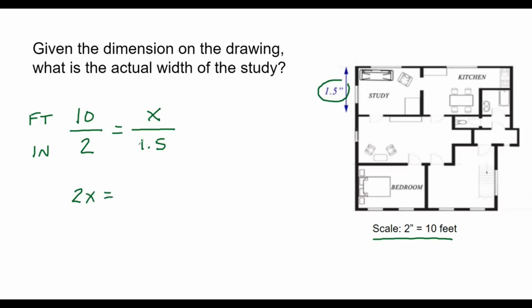You can use your calculator and multiply that if you like. That is equal to 15. Just as we did a moment ago, we're going to divide both sides by 2, because X is being multiplied by 2 and we want to cancel that out. X is going to be equal to 15 divided by 2, which is 7.5. Once again, that is feet, because we were solving for the number of feet.